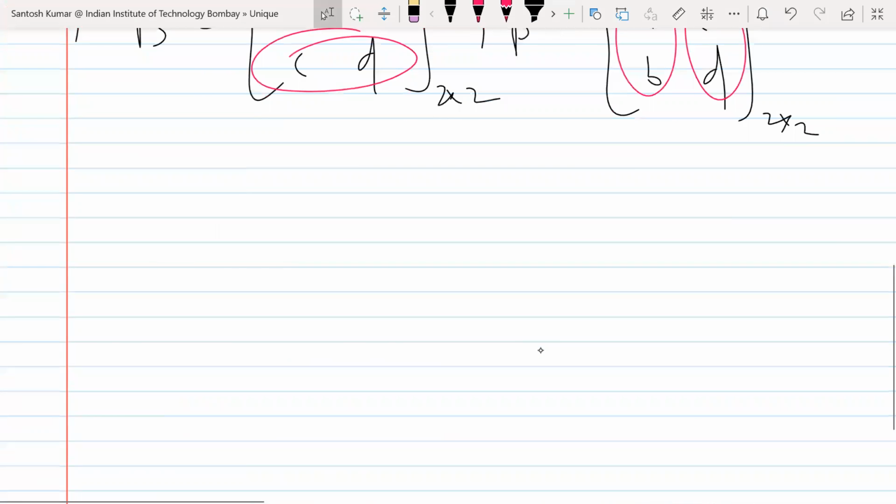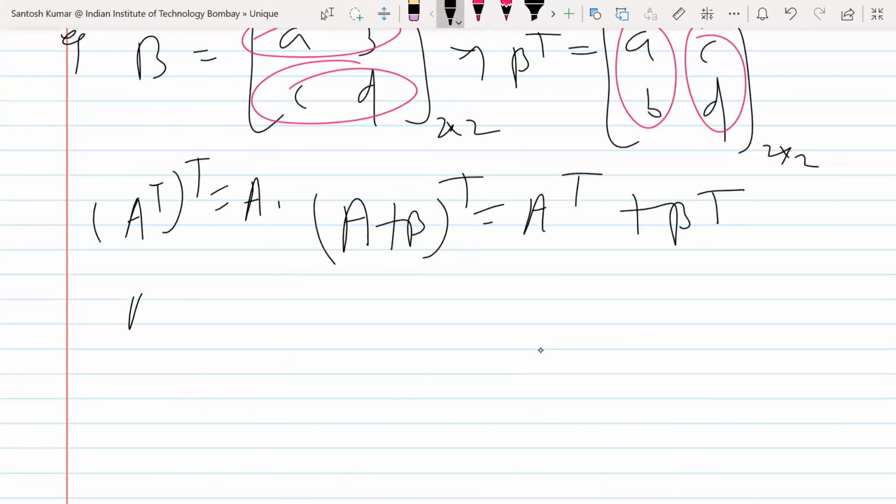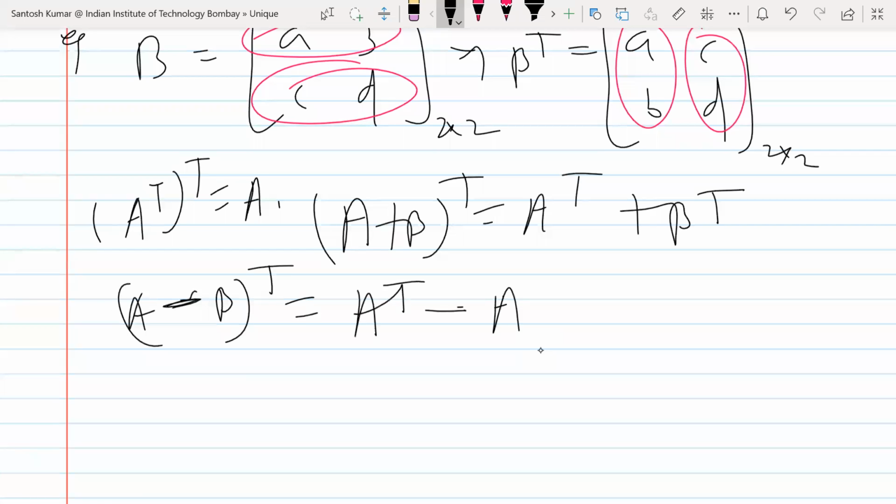So what we are discussing: A transpose transpose is A. A plus B whole transpose is A transpose plus B transpose. A minus B whole transpose is A transpose minus B transpose.